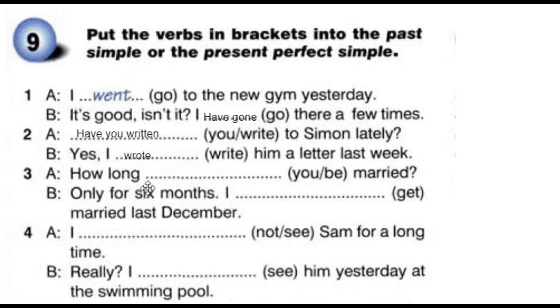How long have you been married? So we use present perfect, right? We use present perfect. Ми використовуємо тут present perfect. Have you been? Ну, ми не розглядали тут, як формуються питання в present perfect, так? Як слова ставляться друг за дружкою.